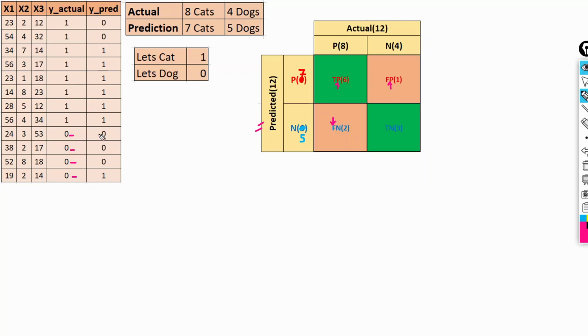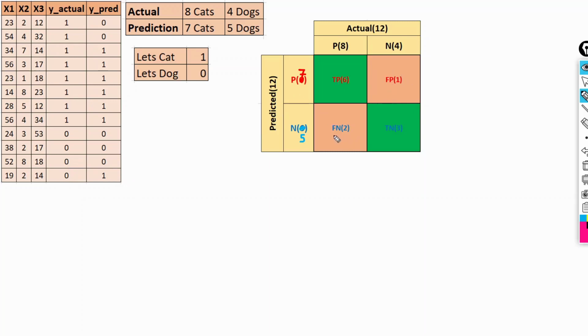If you see here, these are correctly classified, these are correctly classified, this is correctly classified, and this, if you see here, is incorrectly classified. So how many negative classes are incorrectly classified? That is 1 only. This is called a false positive.